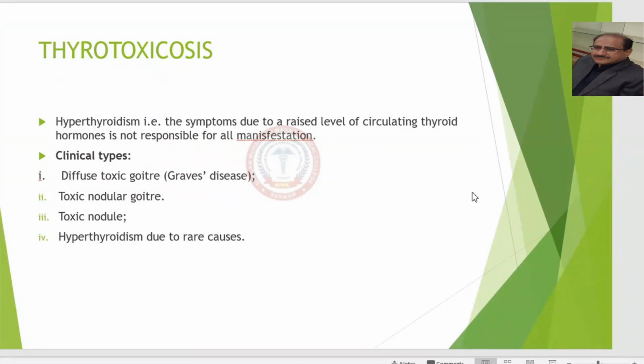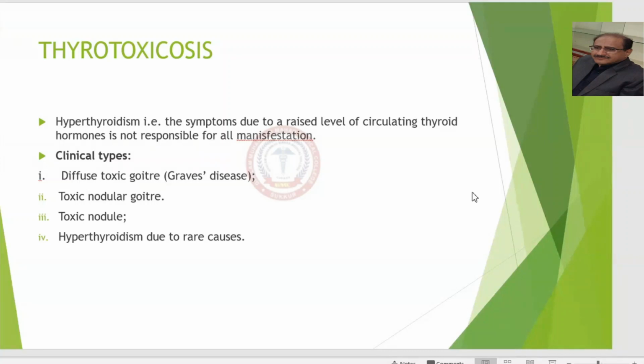Multiple nodules are present all over the thyroid gland, and all those nodules are toxic, meaning they are hyperactive, secreting thyroid hormones at an increased level. So we call it a toxic nodular goiter.